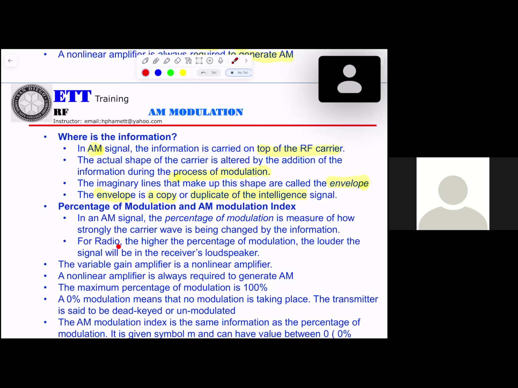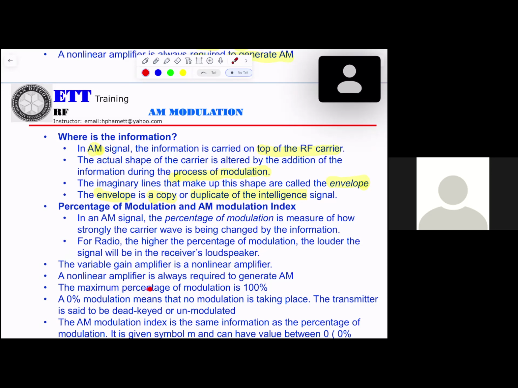For radio, the higher the percentage of modulation, the louder the signal will be in the receiver loudspeaker. The variable gain amplifier is a nonlinear amplifier. A nonlinear amplifier is always required to generate an AM signal.